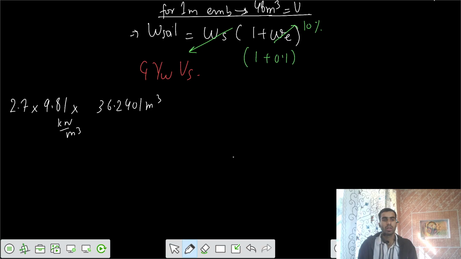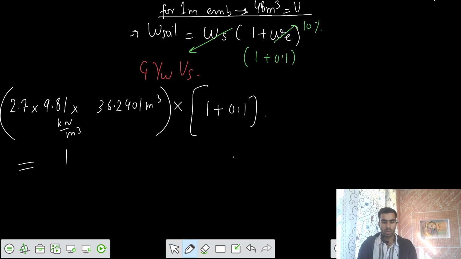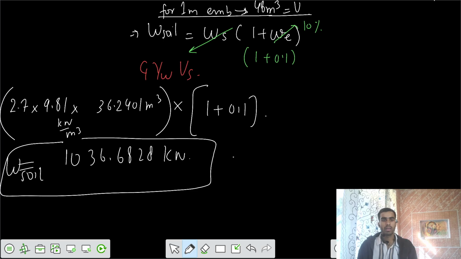This is the total weight of solids, into 1 plus water content, 1 plus 0.1. So the weight of soil that we need to have should be equal to 1036.6828 kilonewton.